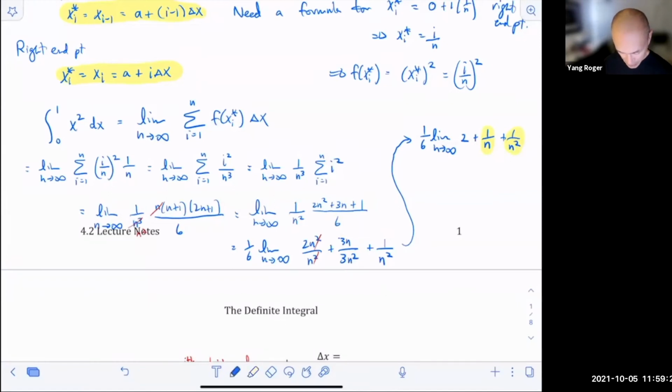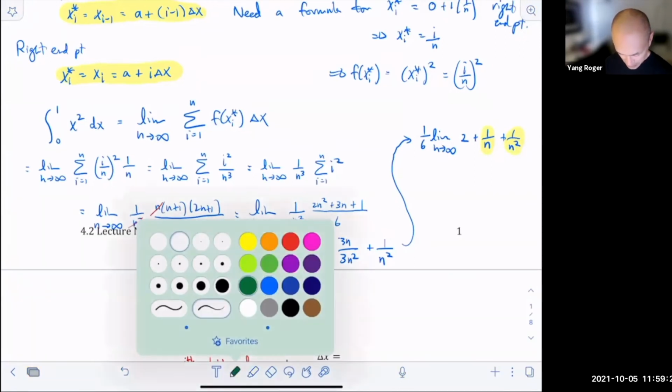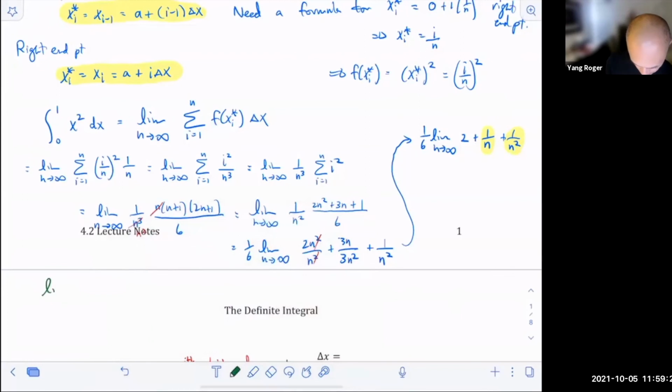So if you were to calculate the limit as n goes to infinity of 1 over n, what do you think that limit is going to be equal to? Oh, sorry, there's no 3 there.